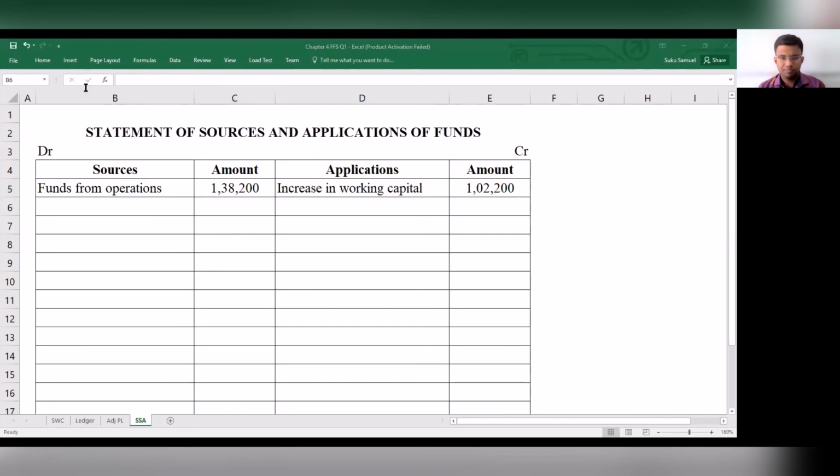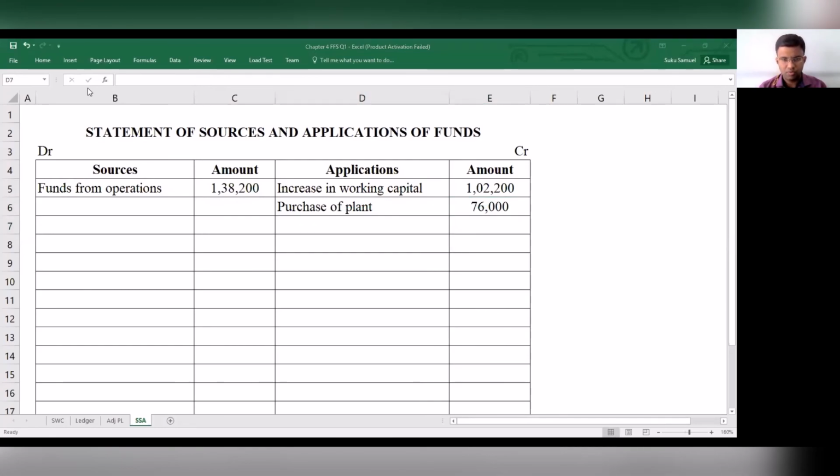Next we have to look at the ledgers and see what the possible items are. There was a purchase of plant. An amount of 76,000 has been considered.